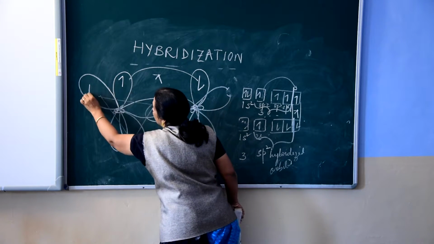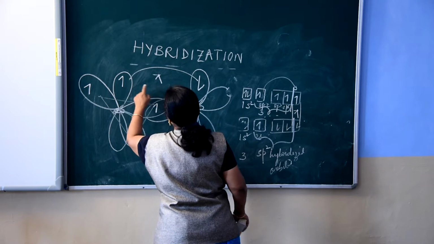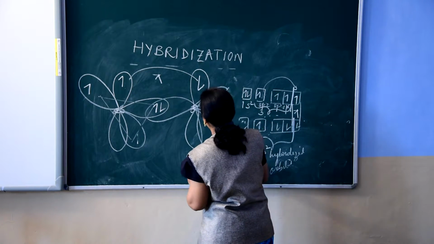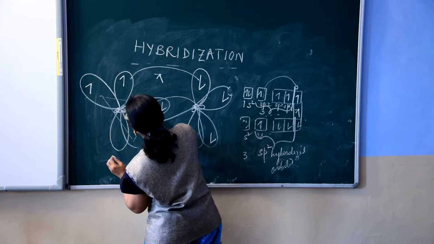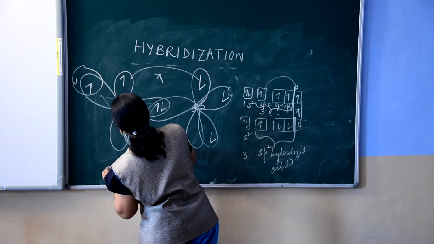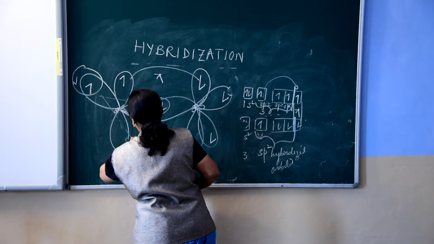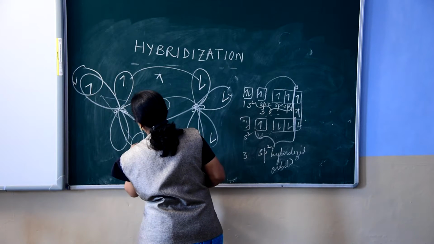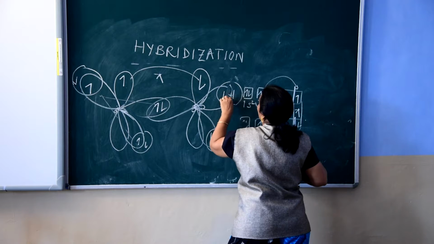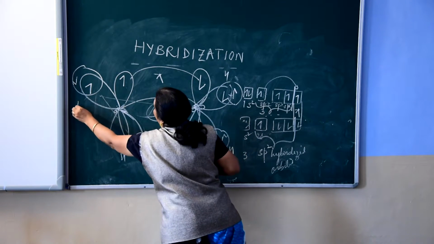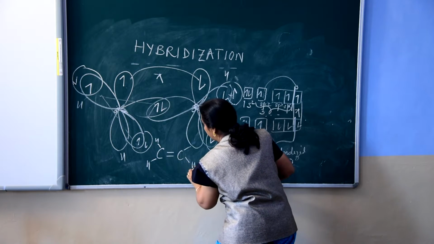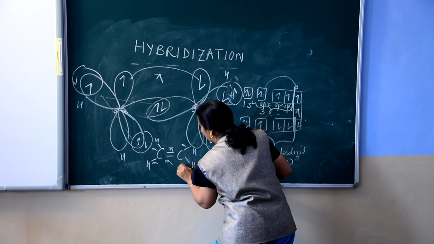Each carbon has 4 electrons, and one hydrogen is attached at each position, 4 hydrogens in all. These represent our structure CH2 and CH2 with a pi, a sigma and remaining all sigma bonds.